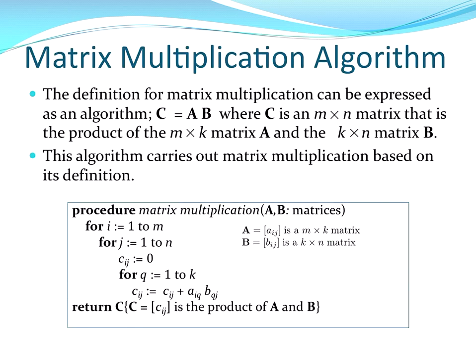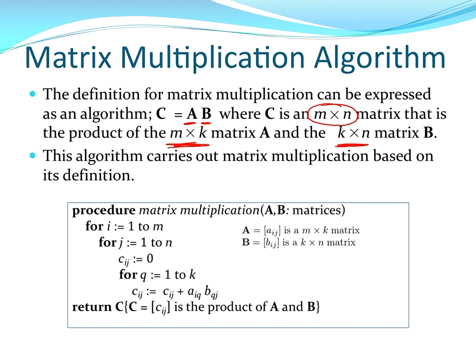All right, let's look at another algorithm. This one for matrix multiplication. So remember when we multiply two matrices, A and B, the left matrix will have m rows by k columns, and then the right matrix will have k rows by n columns, so that the resulting matrix will have m rows and n columns.